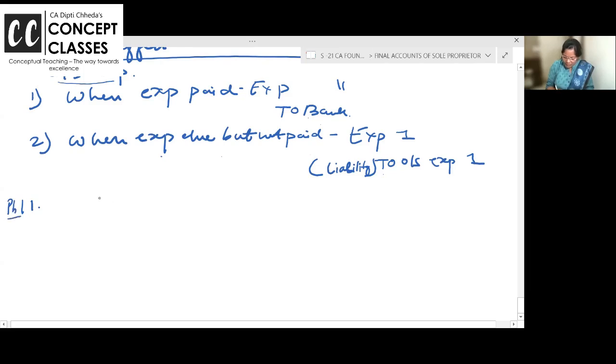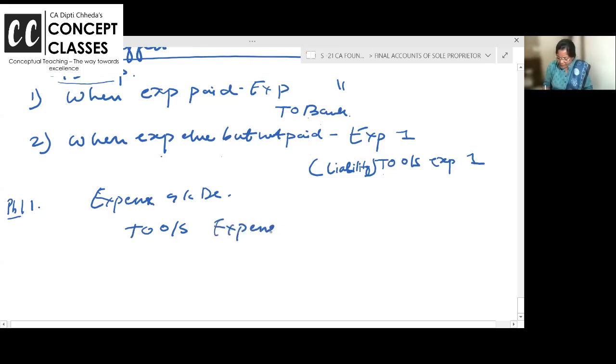What entry you will pass? Salary account debit to out... अरे सैलरी क्यों लिख रही हूँ? कोई भी एक्सपेंस ले लो ना. Why to name only salary? Generally सैलरी में रहता है इसलिए. Expense account debit to outstanding expense. Why didn't I write to bank? क्योंकि बैंक से पे नहीं हुआ है.